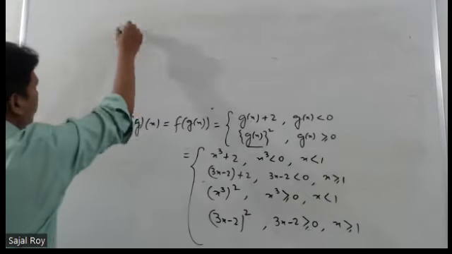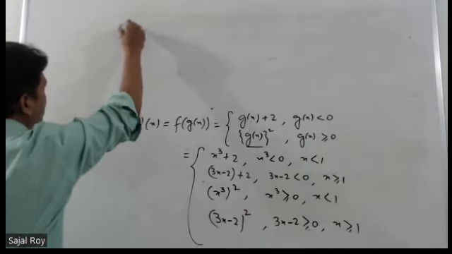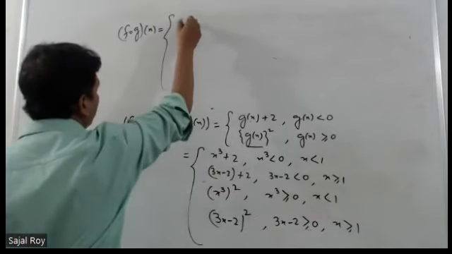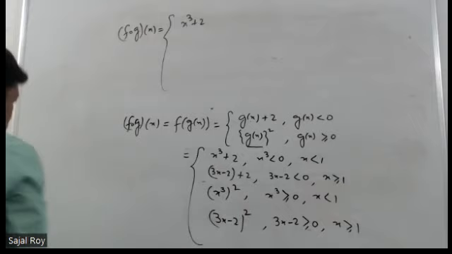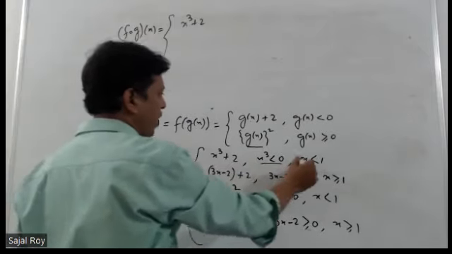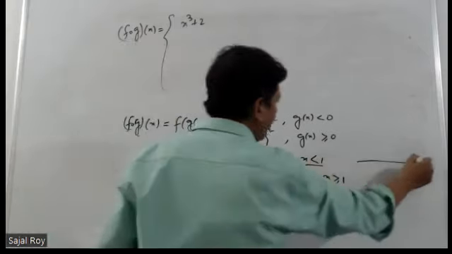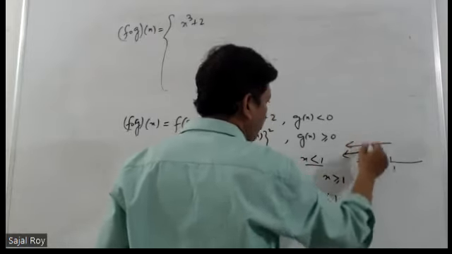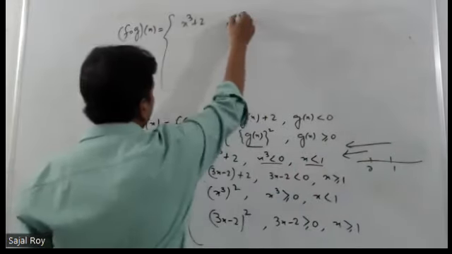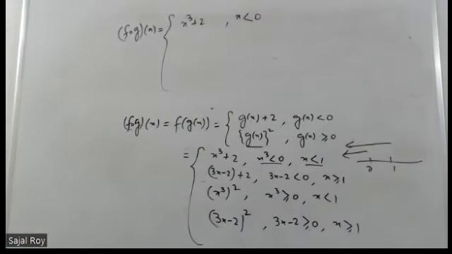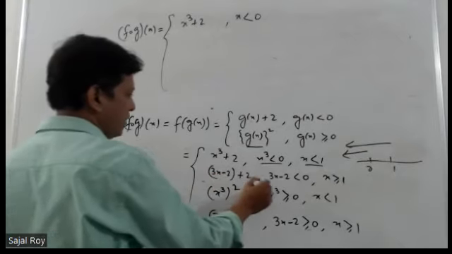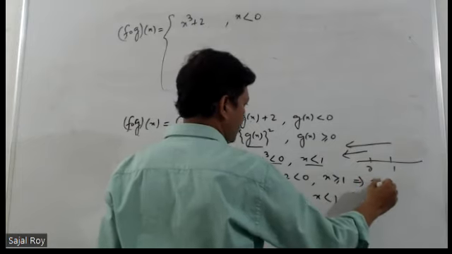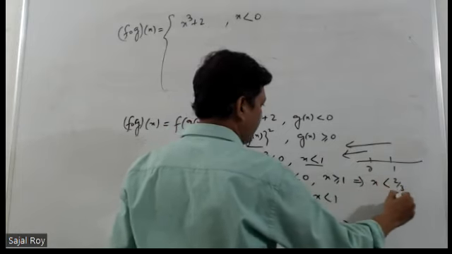So your f circle g(x) is, first one, x cube plus 2 with x less than 0 and x less than 1. Ultimately, the common part, the intersection, is x less than 0. Fine. Next, the 3x part: if you calculate, x less than 2 by 3 and x greater or equal to 1.